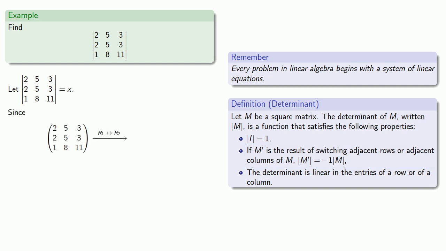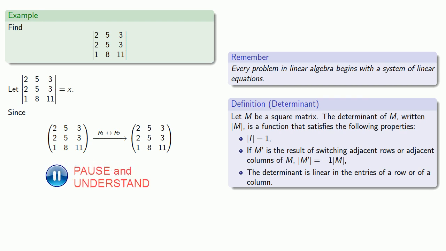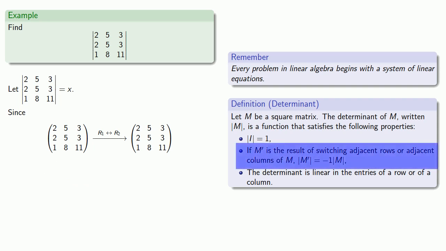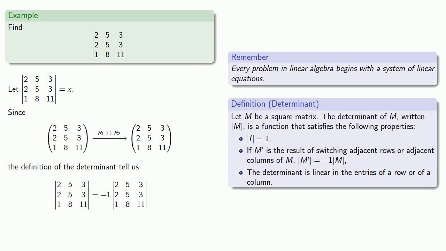Okay, here it is. And since the first 2 rows were the same, switching them doesn't actually change the matrix. However, it does change the determinant. And so whatever the determinant of the original matrix is, the determinant of the matrix obtained when we switch the first 2 rows is minus 1 times that determinant.